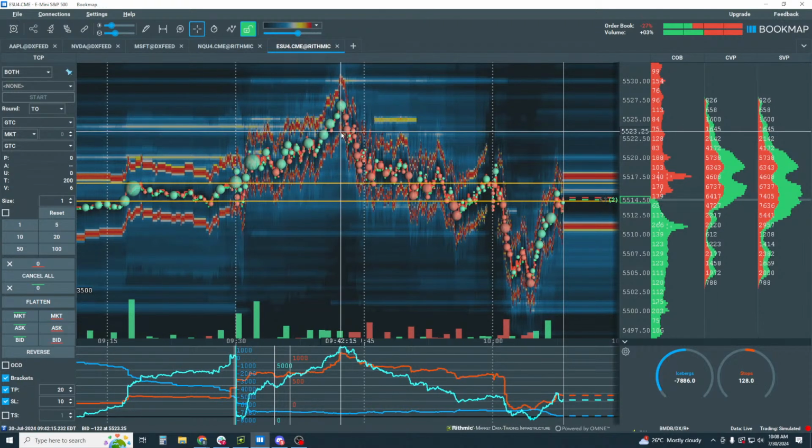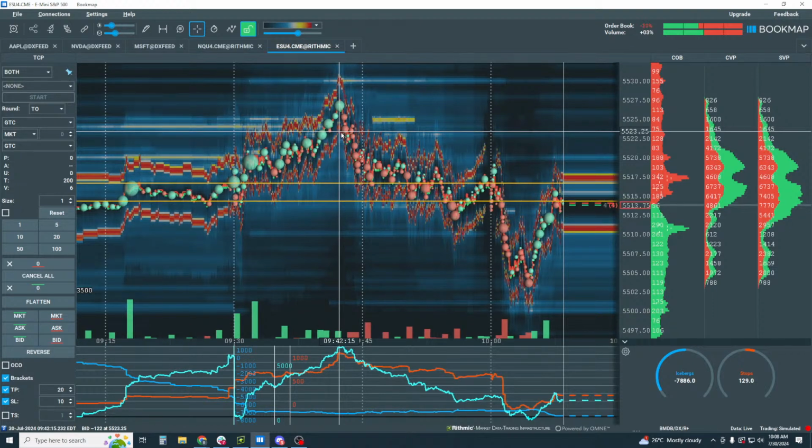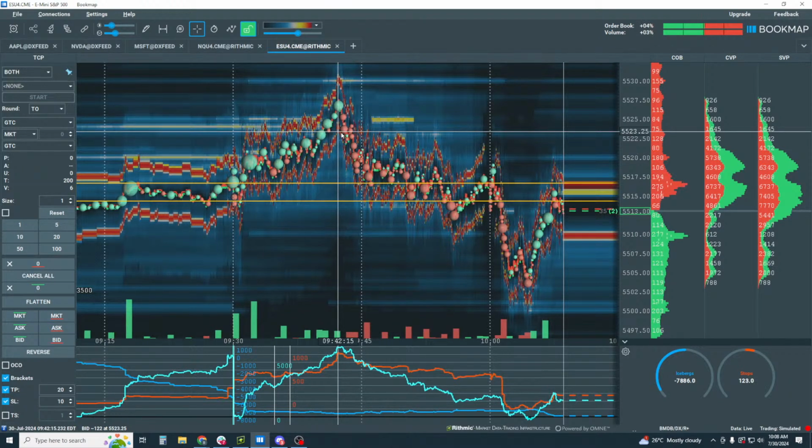And why is that environment upon us right now? Because we have so much data coming out this week. Tomorrow we have the FOMC, and on Friday we have the non-farm. These are the two biggest economic events that we have, and they're in the same week.